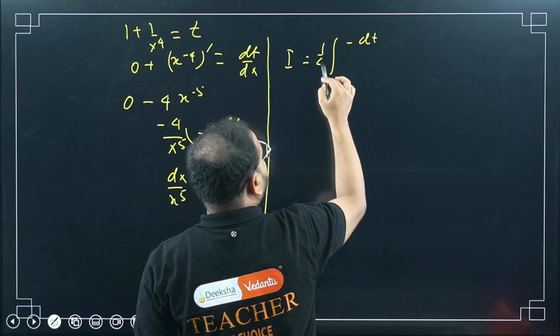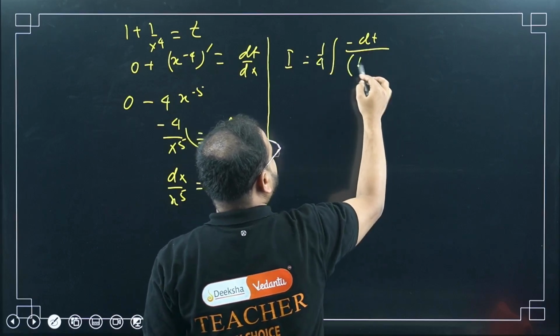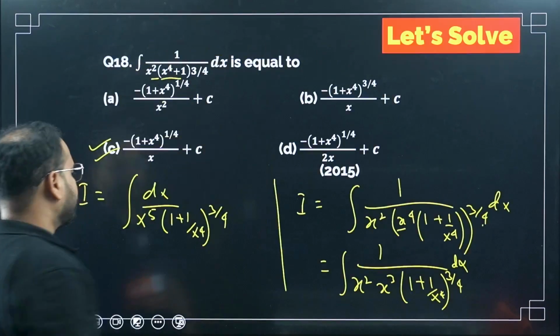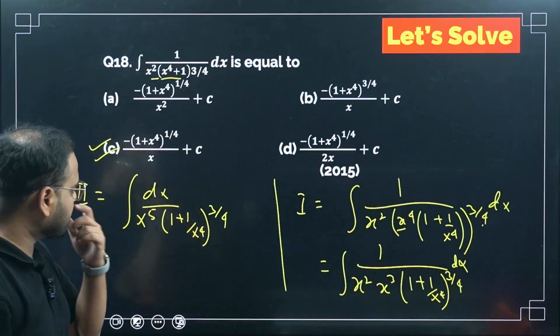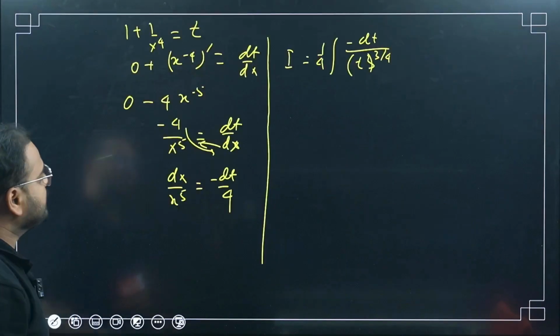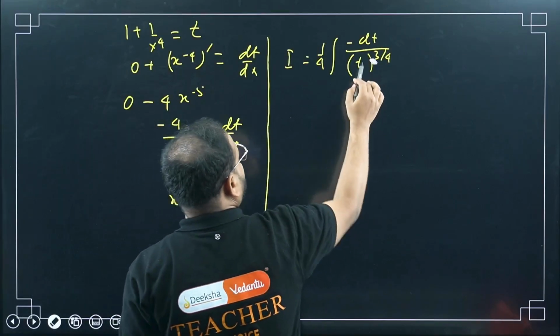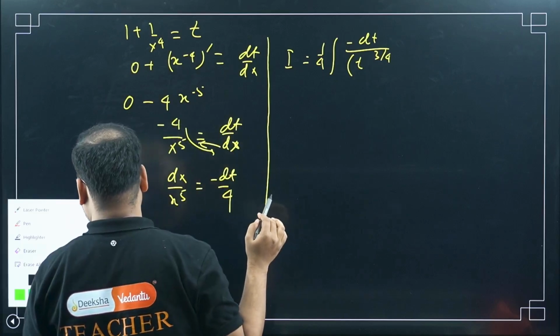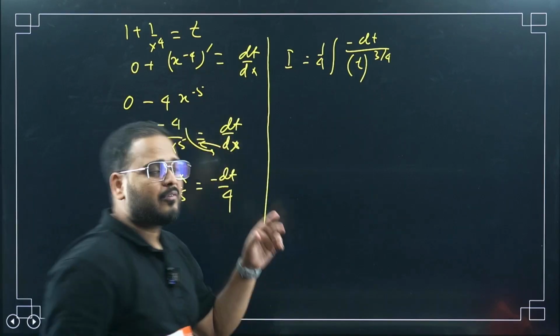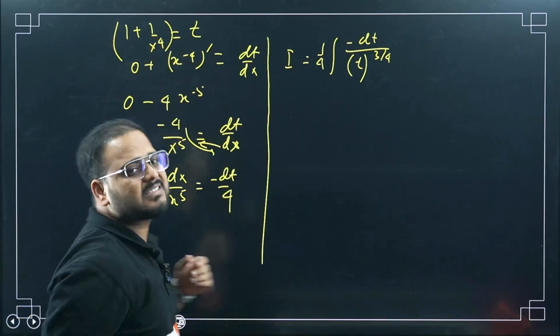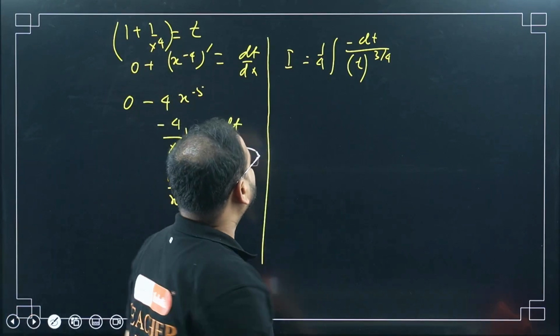I can write 4 outside. And the rest is t to the power 3 by 4, since 1 plus 1 upon x power 4 is taken as t. Simple, no? After the substitution, it is simple.